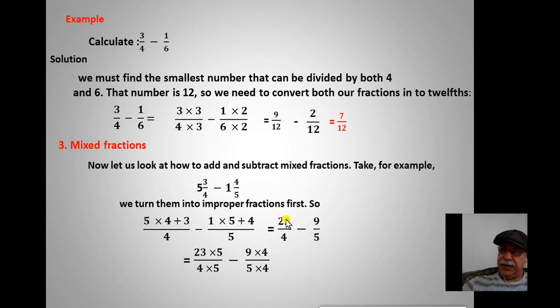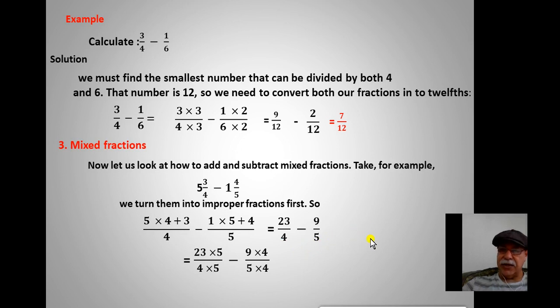Now I see here I get different denominators. How can I do this? I look for a number that divides without remainder. I see the timetable: 4, 8, 12, 16, 20; 5, 10, 15, 20.